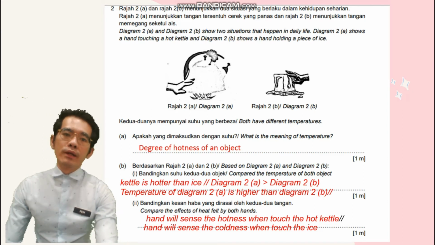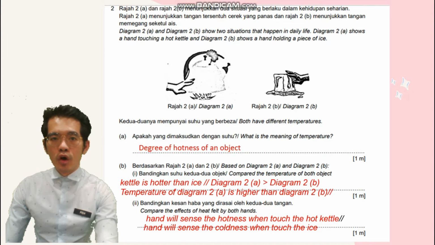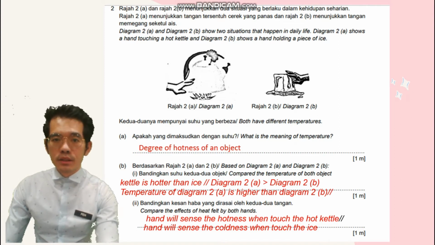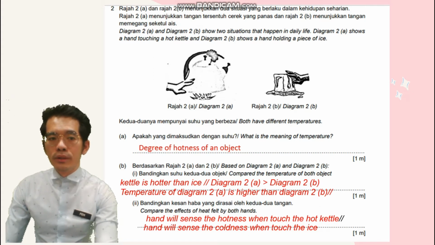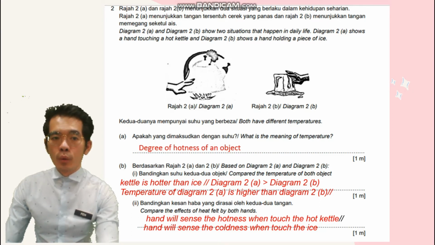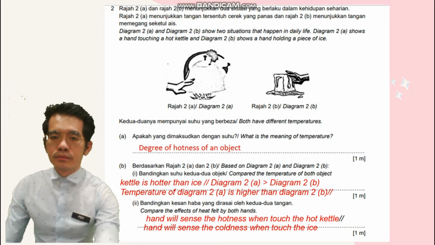Therefore, in diagram 2A, the heat will flow from the hot kettle to the hand, while in diagram 2B, the hand represents the hotter object, and a piece of ice represents the colder object. Therefore, the heat flows from the hand to the piece of ice.